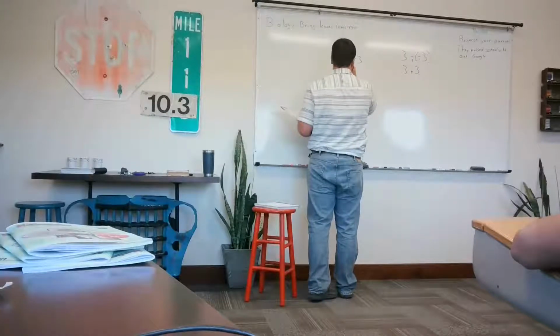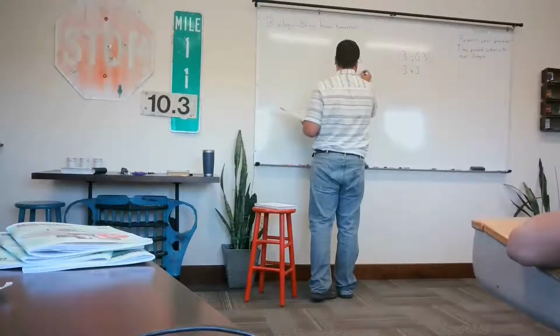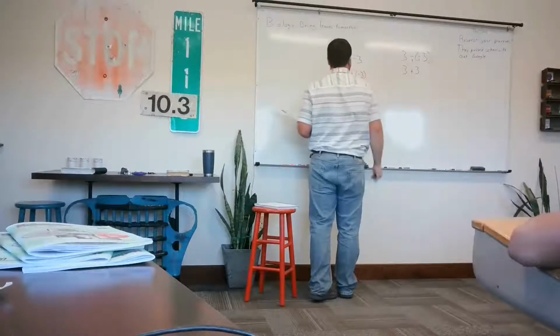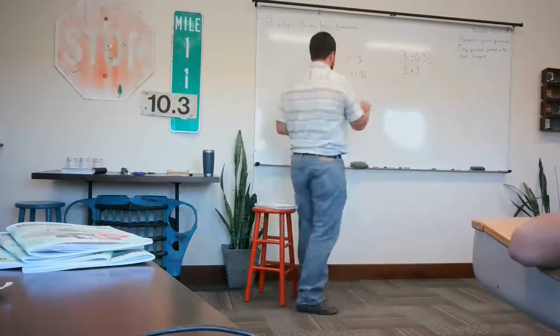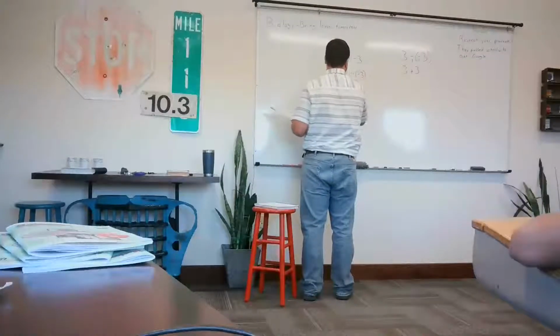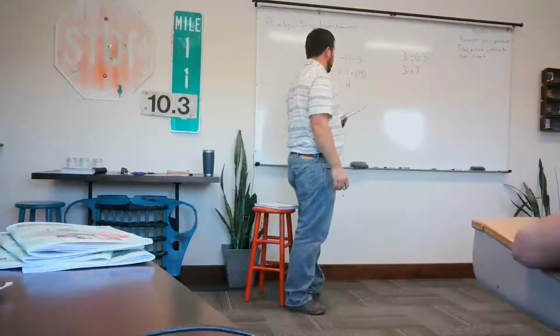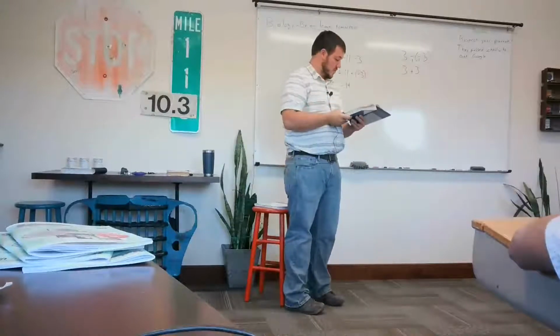Right, -11 plus -3. And what that means, -14. You add the absolute values, because they have the same sign, and then use the sign that both of them have.